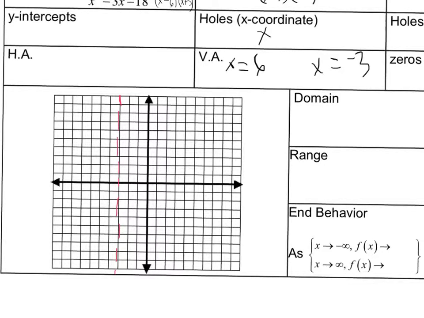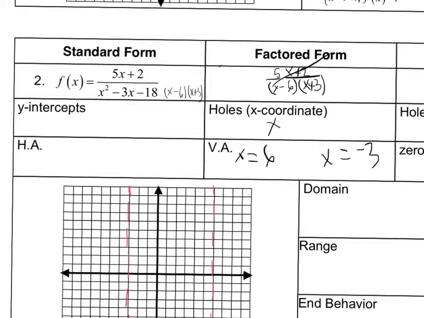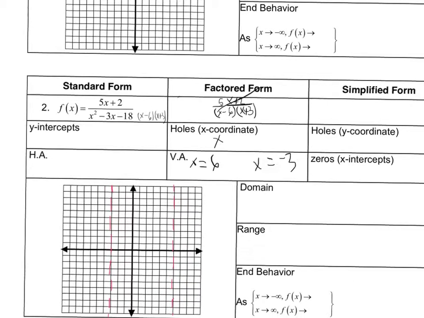So this is when you know you have like 3 parts of a graph. Very good. So what would be your horizontal asymptote? Horizontal, you look at both of them.